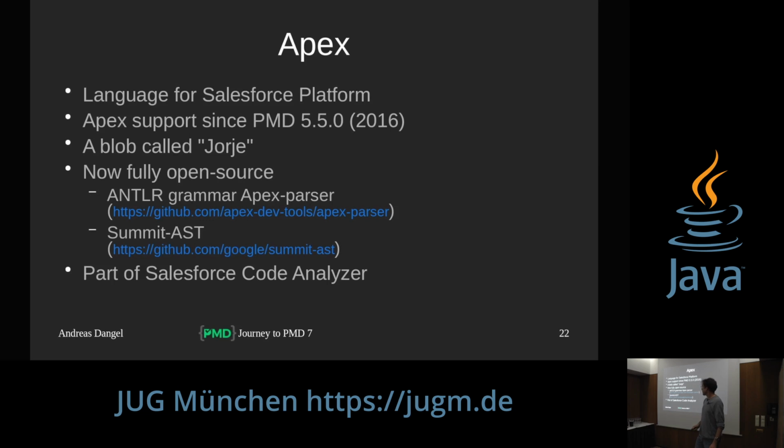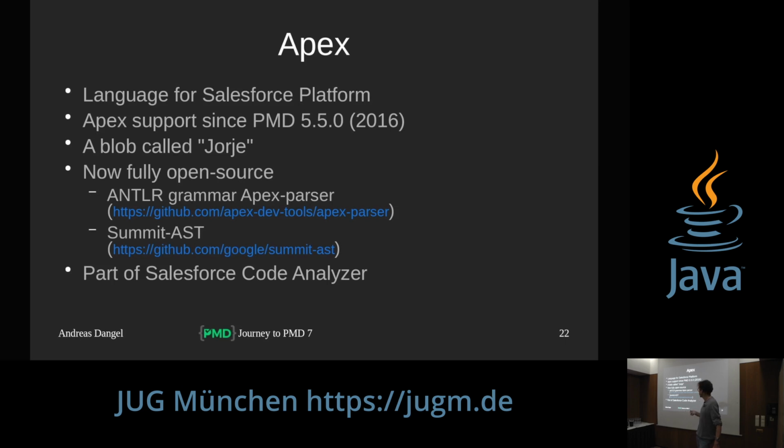And so at one point, some guys from Google came to us and said they can't use PMD because we have this binary thing and they are not allowed to use anything that uses binaries. They would like to create a translation layer to use this grammar. And so they did it.